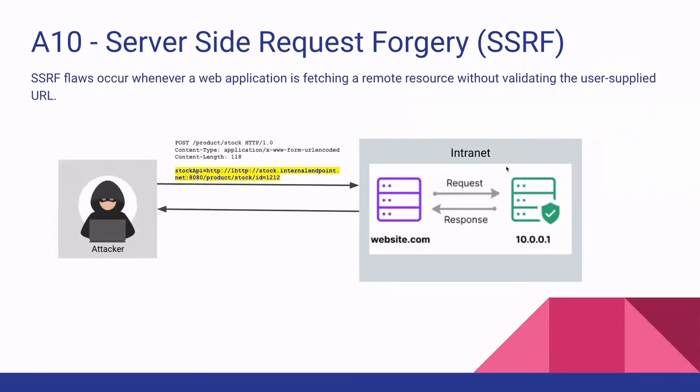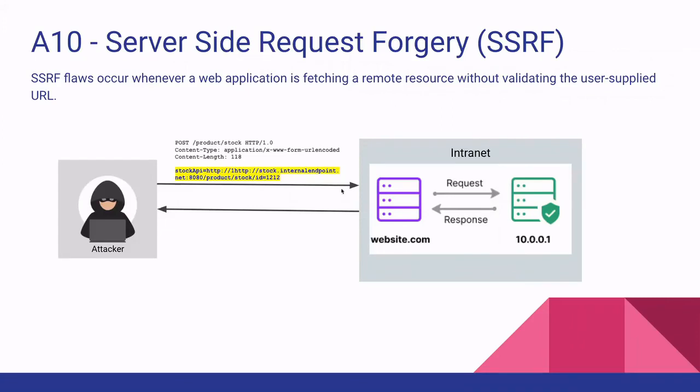There is an attacker, there is a website, and ideally I would send a POST request, and as part of that request there is another URL that I would need. The application is designed in such a way that there is another URL. If I'm trying to check stock for a product, it will go to the stock URL and check for that. But what if I don't enter this URL?